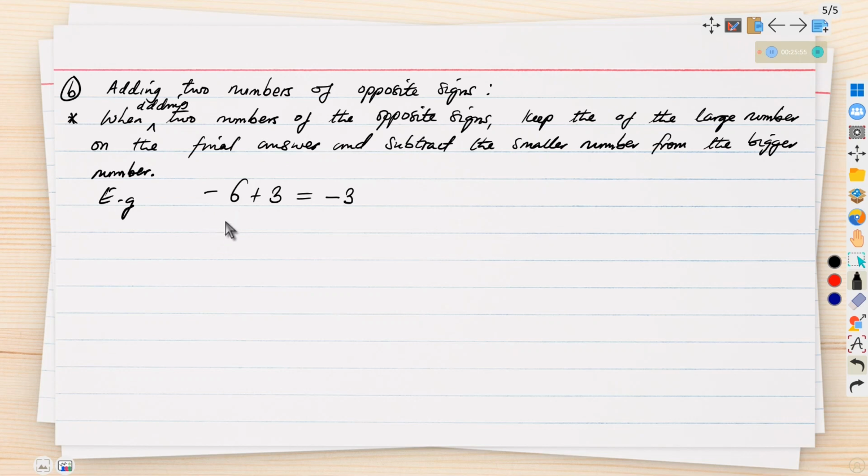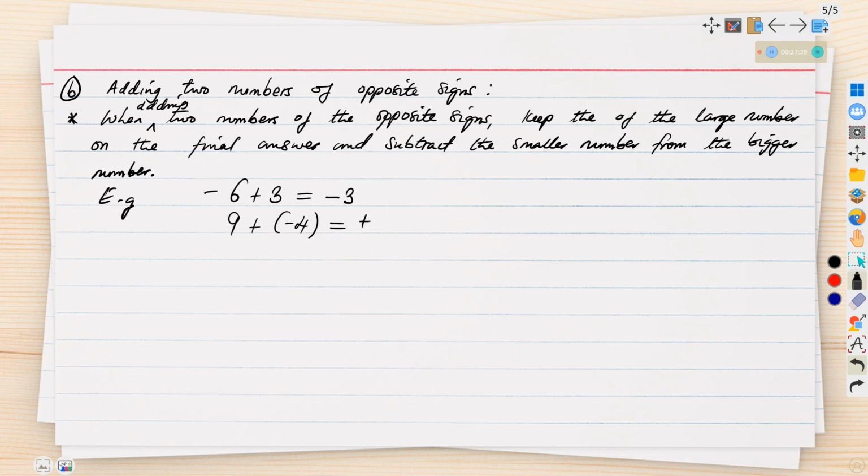I can give you another demonstration. Let's say I have 9, which is positive, then plus, let's say, negative 4. The bigger number here is positive, this is negative, so the final answer will be positive.